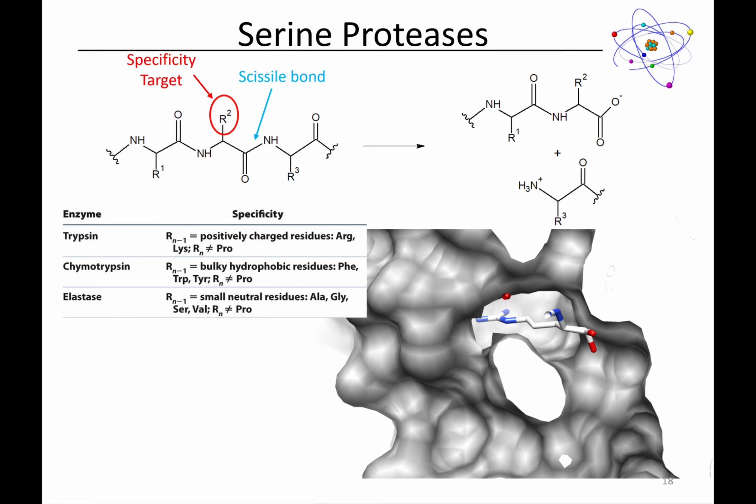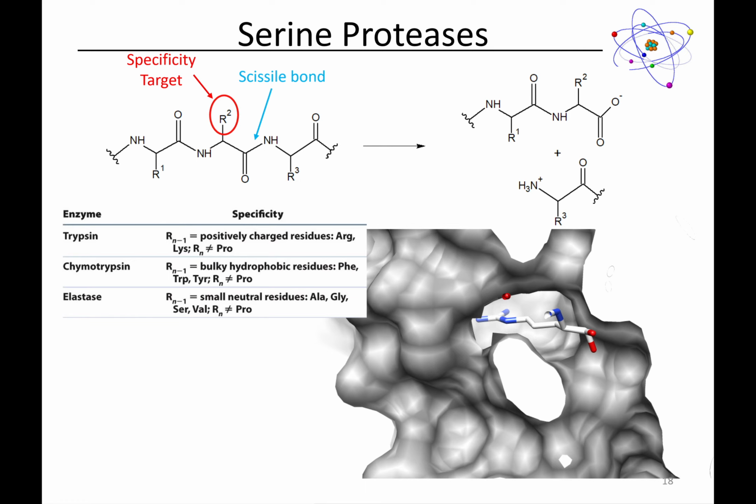So trypsin recognizes lysine and arginine by having a specific interaction at the end of this long groove with that positive charge. Without making that interaction, the affinity of the enzyme for the substrate is too low, and it won't bind for long enough for the reaction to happen.